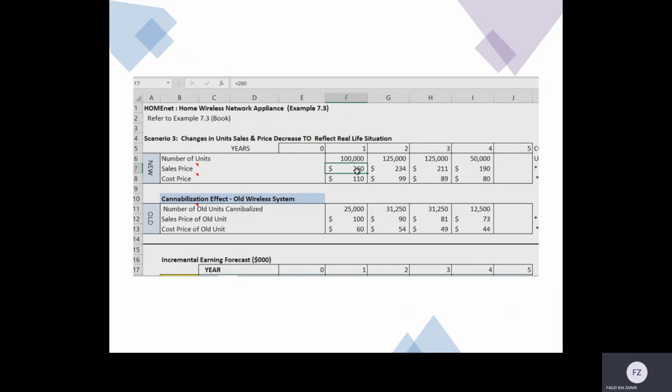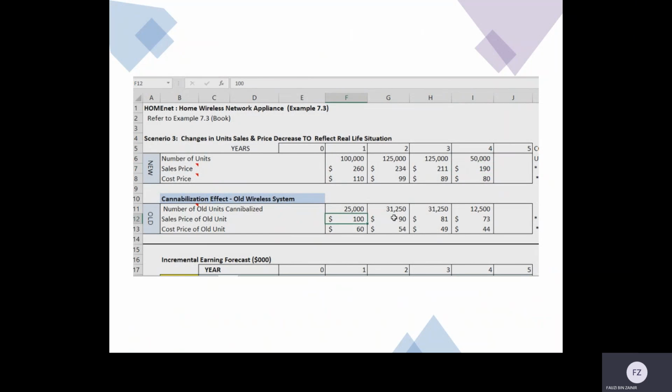The sales price has decreased to 60, and here it decreased by 10%. For year 3 it has also decreased by 10%, and year 4 also decreased from the previous year, so there's a decrease of 10%.